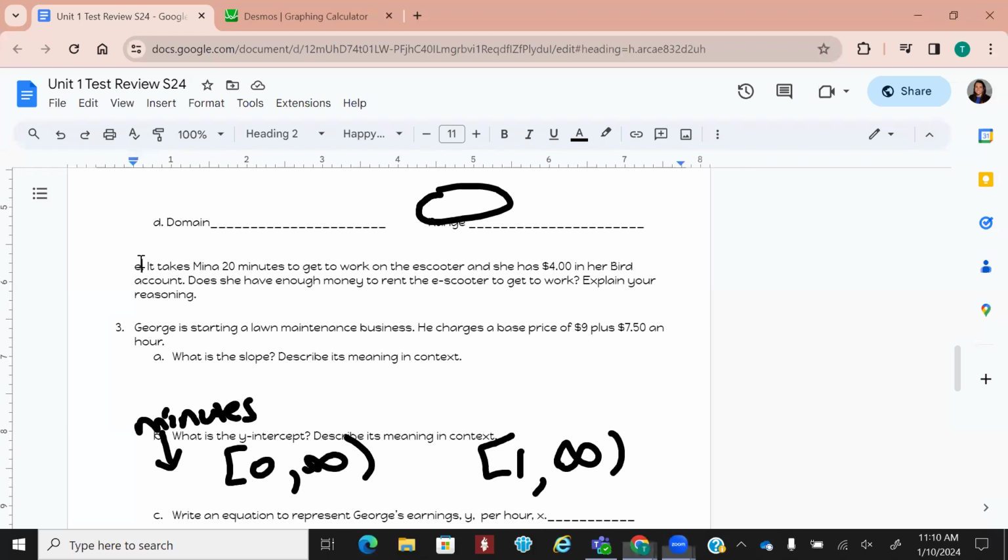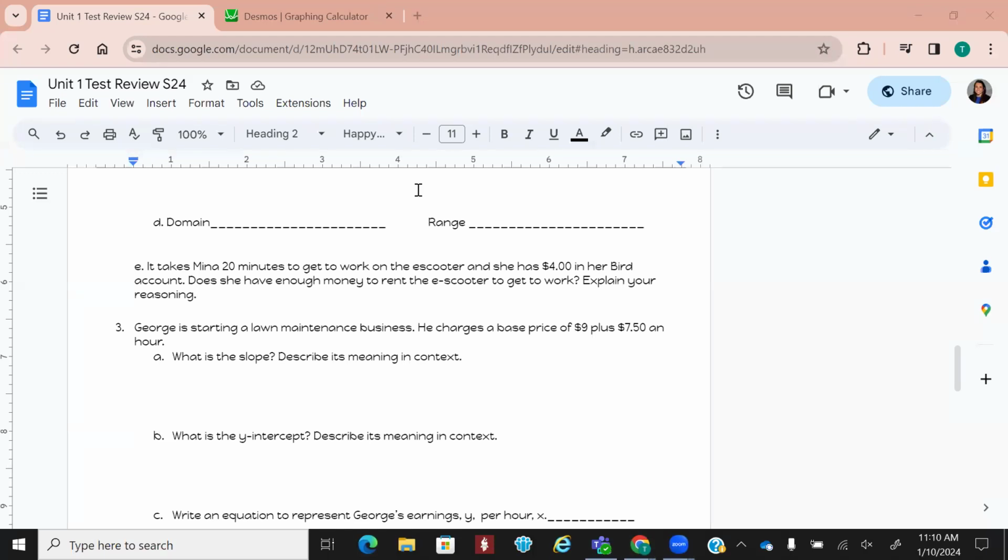On part E, it says it takes Mina 20 minutes to get to work on the e-scooter, and she has $4 in her Bird account. Does she have enough money to rent the e-scooter to get to work? Explain your reasoning. Okay, so we're going to take our equation, which was 0.15x plus 1, and we're going to plug in 20 minutes.